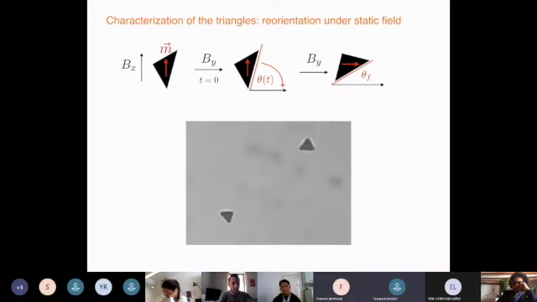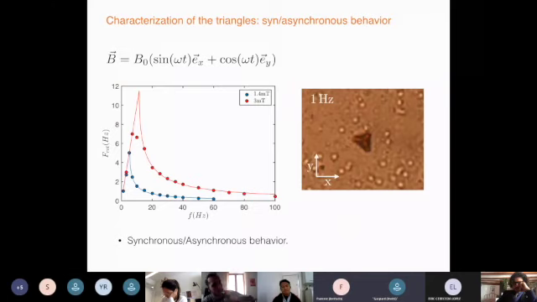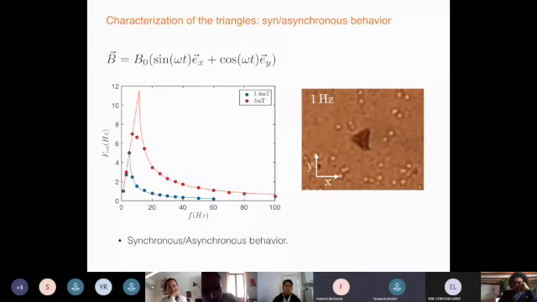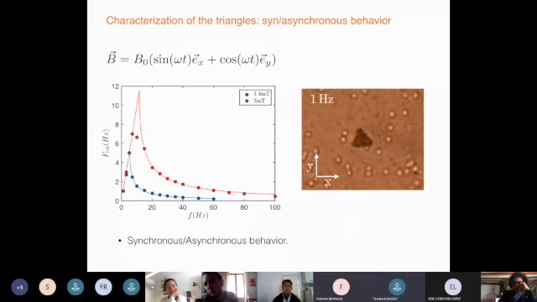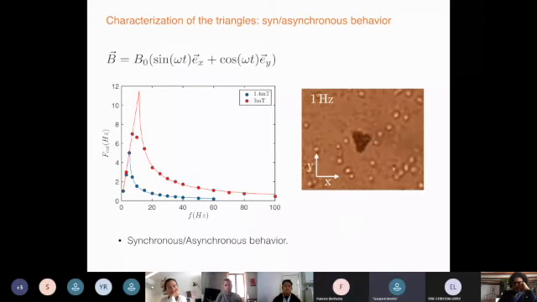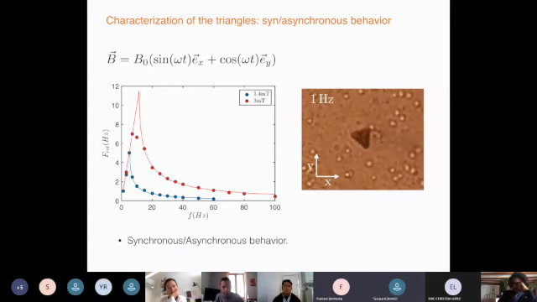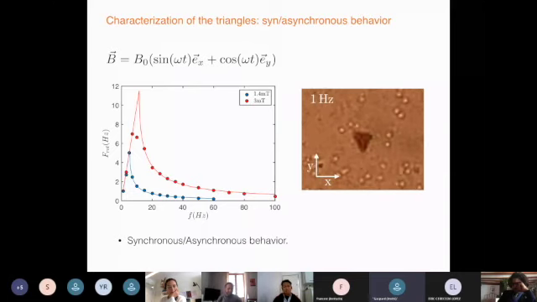We then characterize the synchronous-asynchronous behavior of those triangles. We apply a rotating circularly polarized field in the plane XY, which is the surface plane, and we looked at the frequency of rotation of the triangles as a function of the driving frequency of the field.